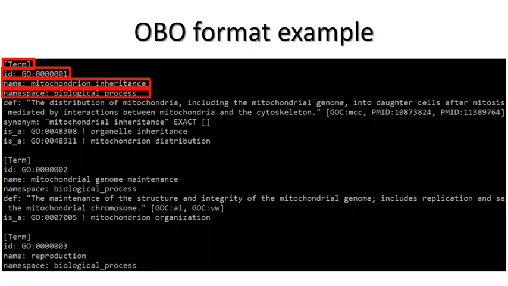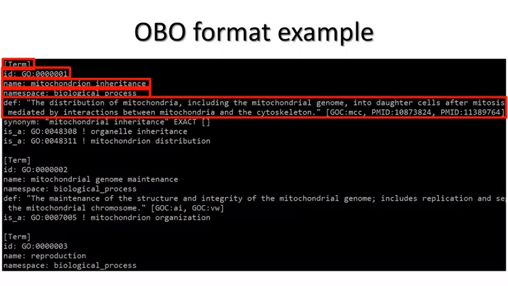Next, the namespace, biological process. The definition of the concept is included here, and the synonyms and acronyms are listed here. Two similar spellings of mitochondrial inheritance look very similar to human eyes, but if you don't define it for the computer, it won't know what they refer to.